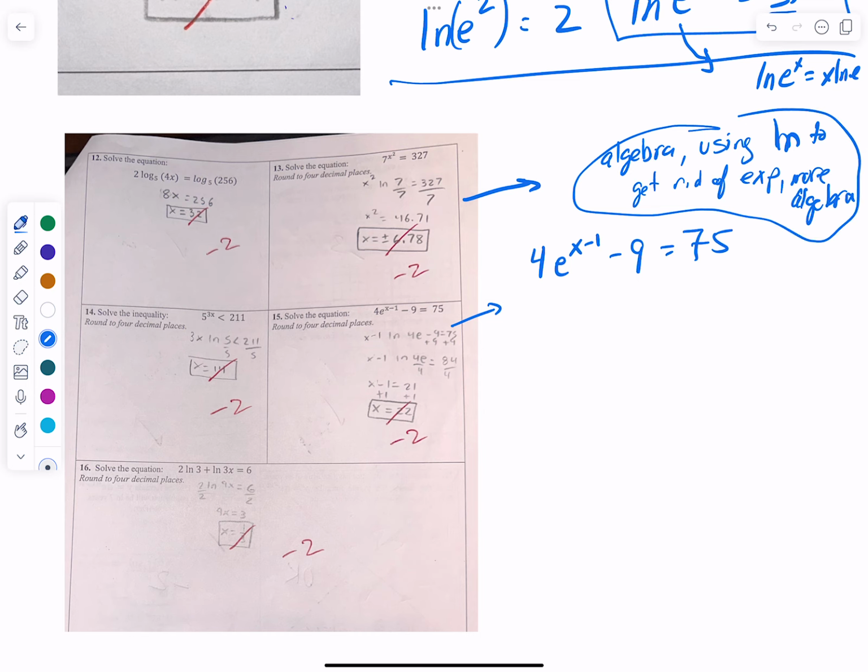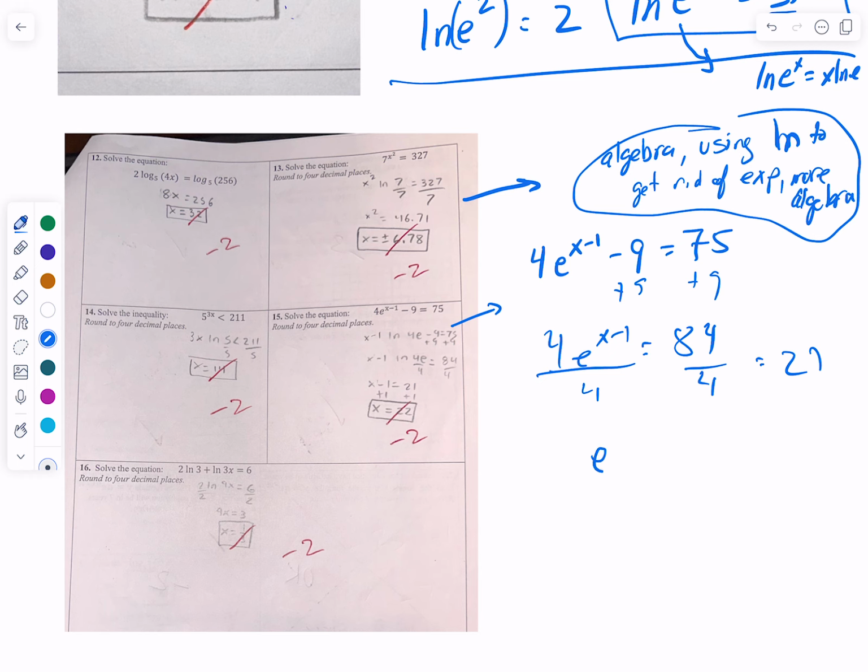That's everything we're doing. All right, so we're going to add 9 to both sides. 84 for e^(x-1) equals that. Divide both sides by 4. That's 21. So we get e^(x-1) equals 21. Okay, we're going to take the log of both sides. So that's x minus 1 times the log of e.